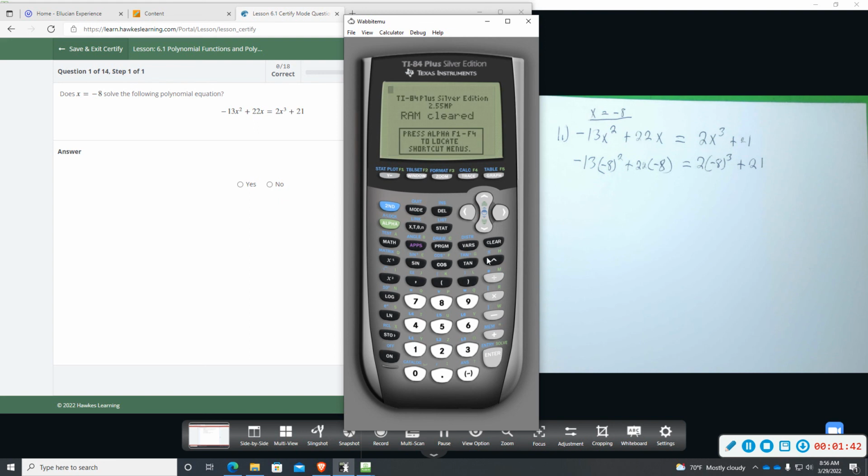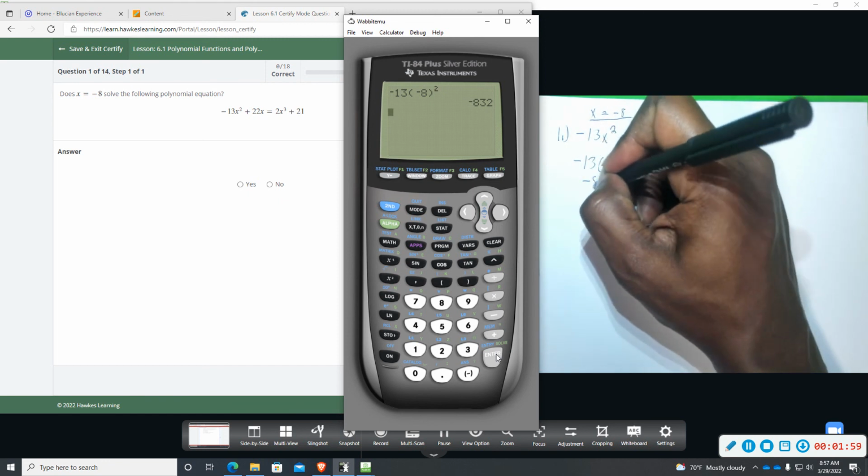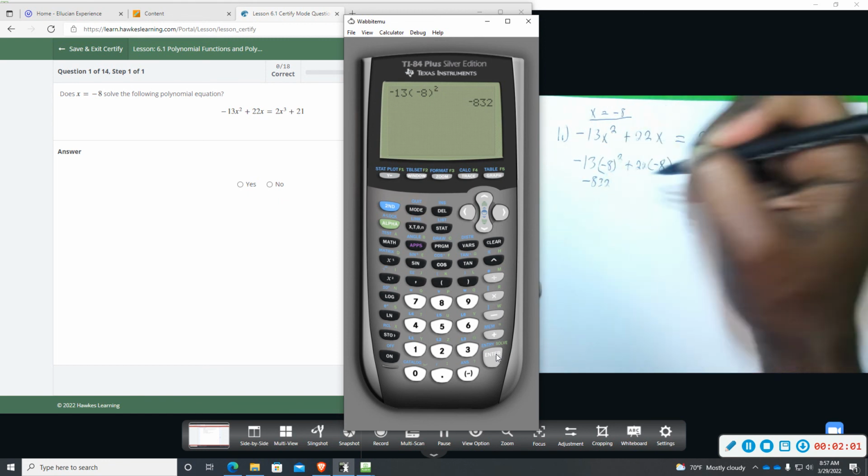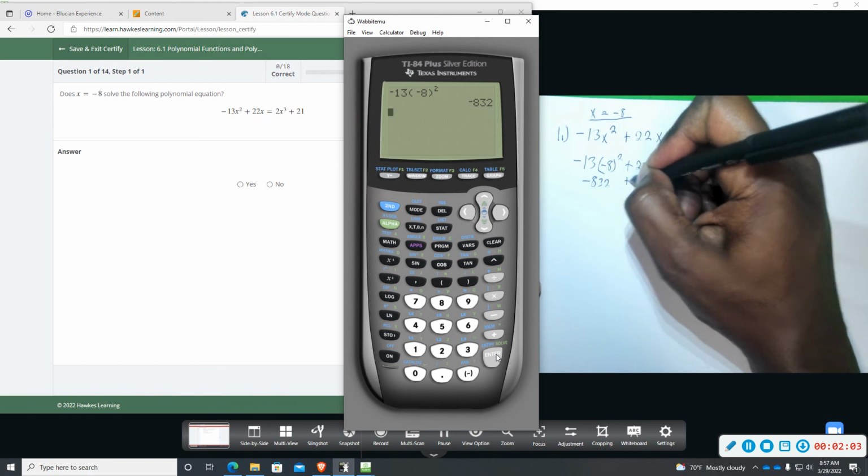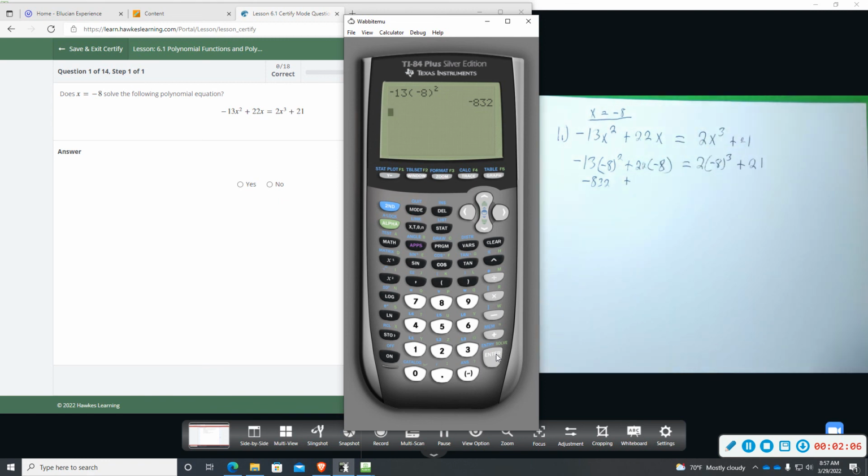So I'm going to turn this on, do negative 13, and then I'll just do negative 8. I'll just punch it all in. Squared, so that's the first number, and we get a negative 832. And then we're going to do 22 times negative 8, which is not too bad. Missed a 2.